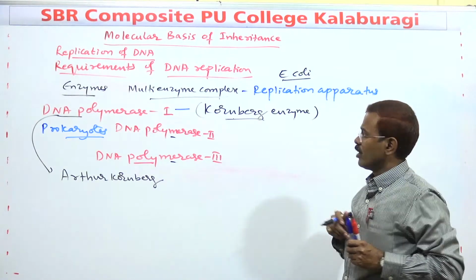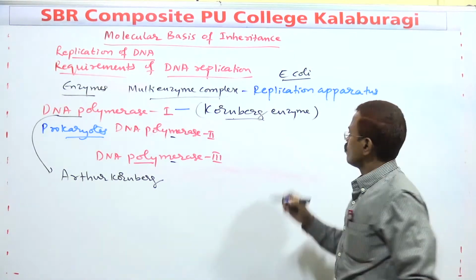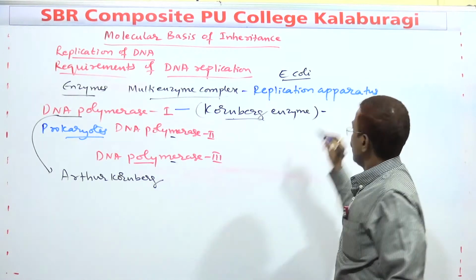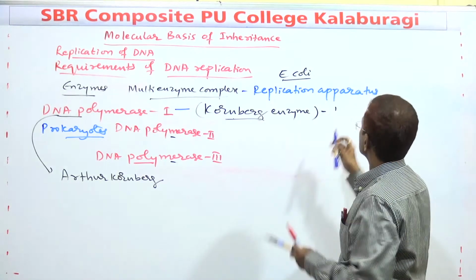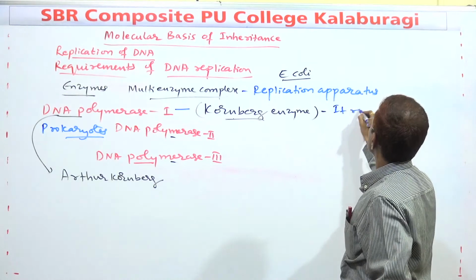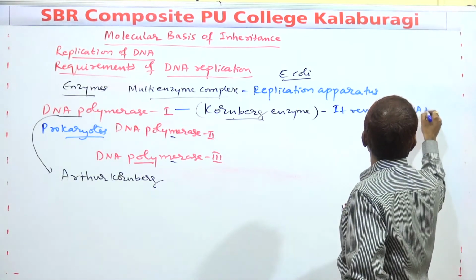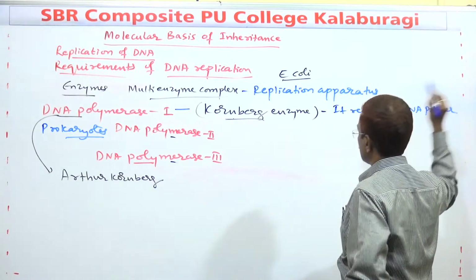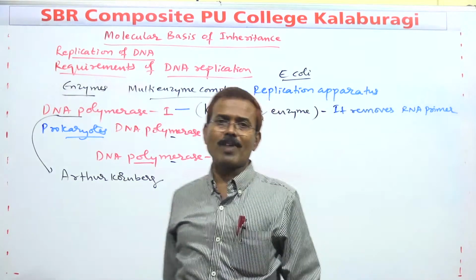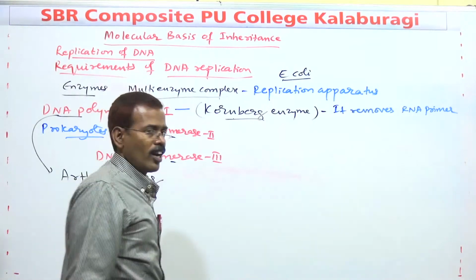Now, DNA polymerase 1, what is the role? It removes the RNA primer. We will come to know the meaning of RNA primer later.